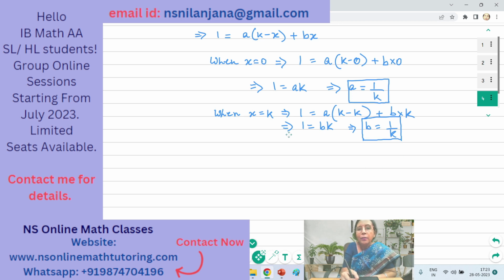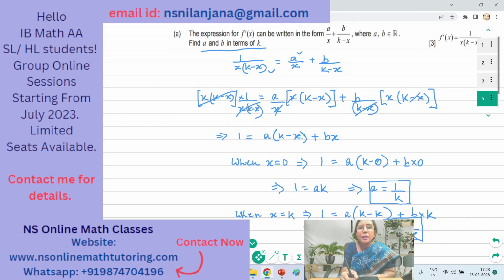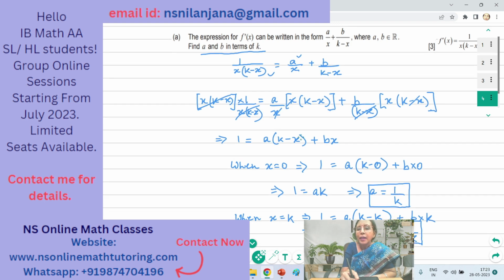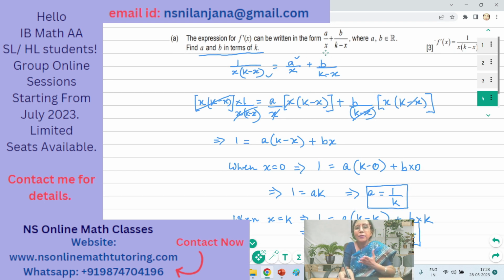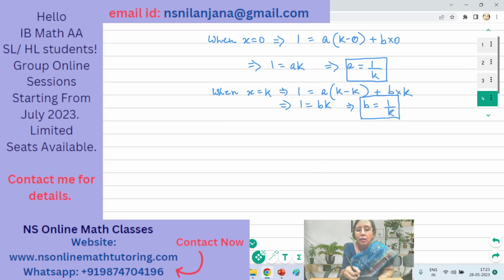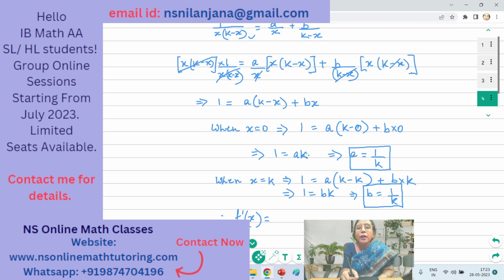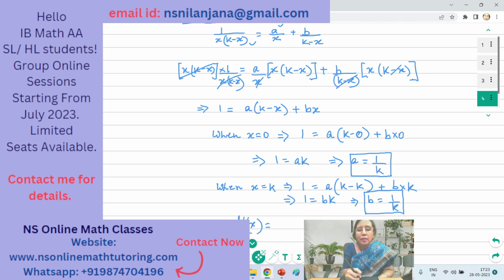Okay. I think we have answered subpart A completely. Let me just write f dash x in this form. Therefore, f dash x is equal to, it was A over x and B over k minus x.